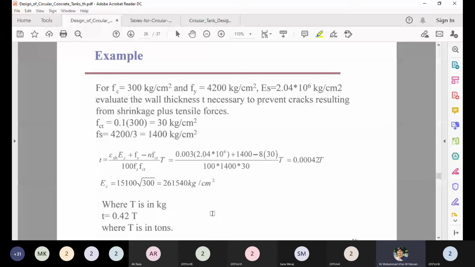Then how to get the thickness? First of all, for these values of Fc and Fy, you can compute the thickness, because FCT is 10%, as I have told you. Normally the tensile strength of the concrete is 10% of the compressive strength. So multiplying 0.1 into 300, you can compute the thickness.